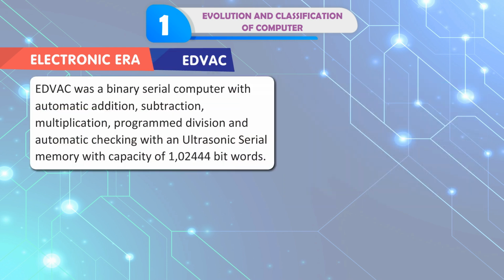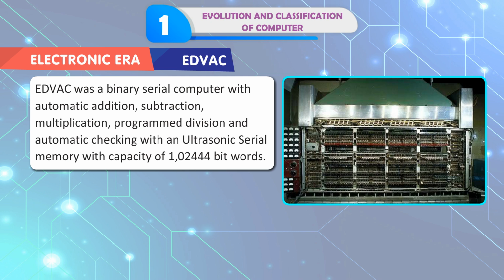EDVAC. EDVAC was a binary serial computer with automatic addition, subtraction, multiplication, programmed division and automatic checking with an ultrasonic serial memory with capacity of 1,024 44-bit words.